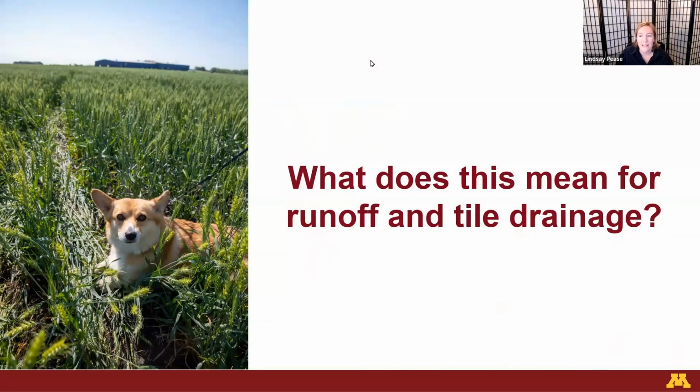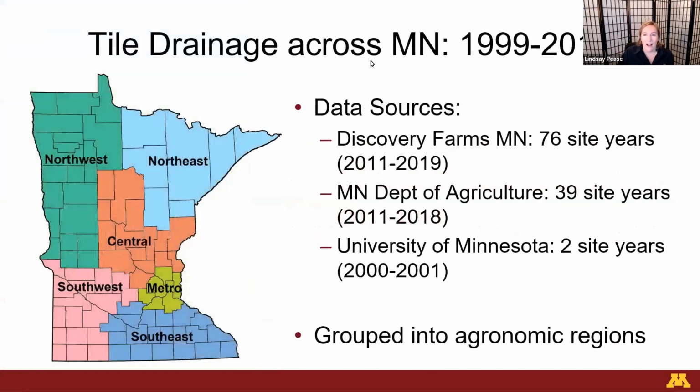So what does this mean for runoff and tile drainage? This is one of the big questions that I had when I came up to Minnesota. And so I started to dig into what we'd actually done so far. It takes a while to ramp up some tile drainage collection. So I looked and found over the past 20 years the most I could find about tile drainage in Minnesota, thinking about these different regions, and also thinking about our Northwest region.